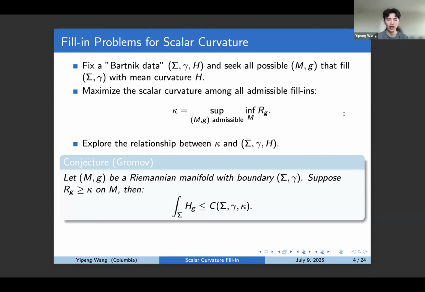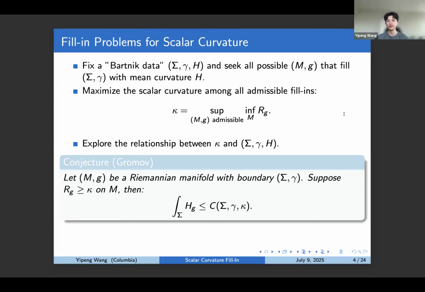So this constant on the right-hand side depends on the boundary Sigma, gamma, and kappa, but it does not depend on the metric g. So this is saying that this integral of the mean curvature of this fill-in would not depend on the specific metric you're looking at, but just its scalar curvature lower bound. If you think about this, this gives you an obstruction to a fill-in of this given scalar curvature bounded from below.